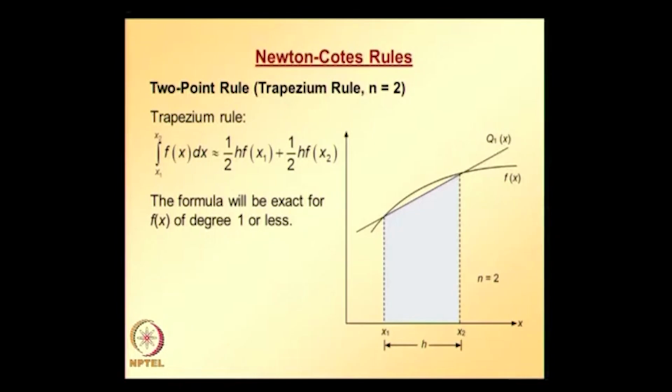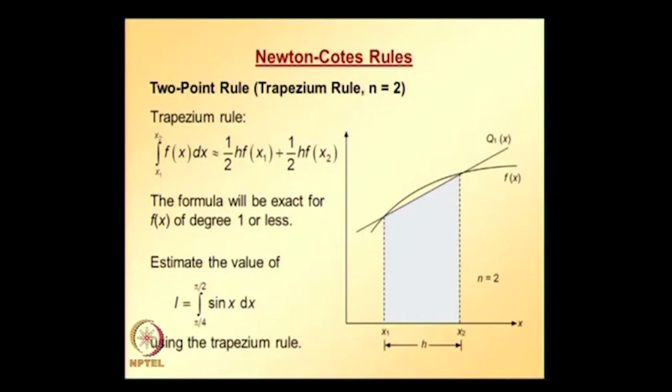So to illustrate the procedure, let us try to evaluate this integral sin x between the limits pi over 4 and pi over 2. So lower limit is pi over 4, upper limit is pi over 2, using trapezium rule.